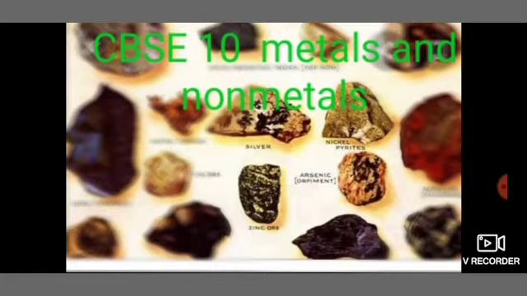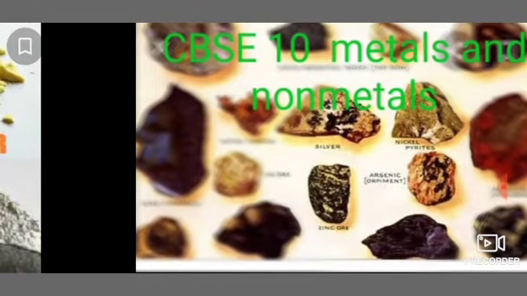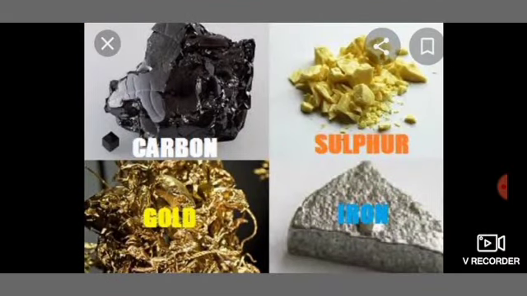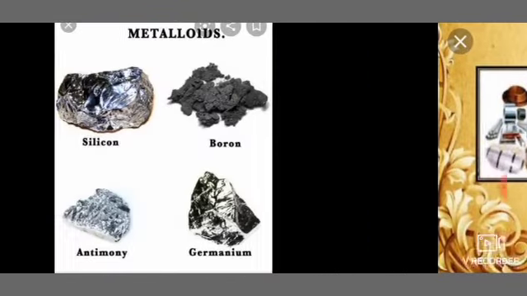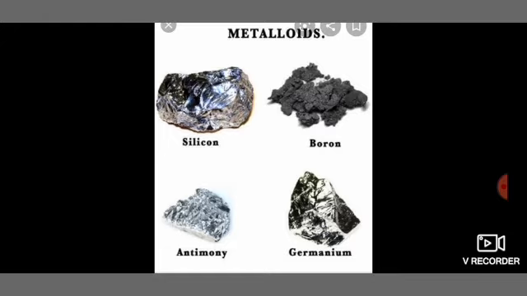These 118 elements can be divided mainly into 3: metals, non-metals and semi-metals. Semi-metals or metalloids.